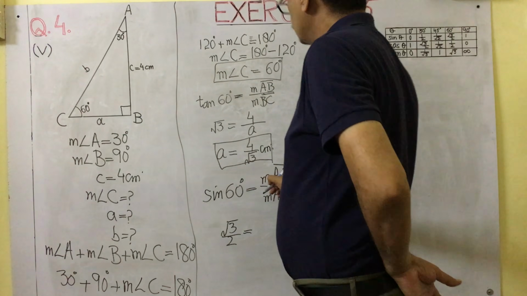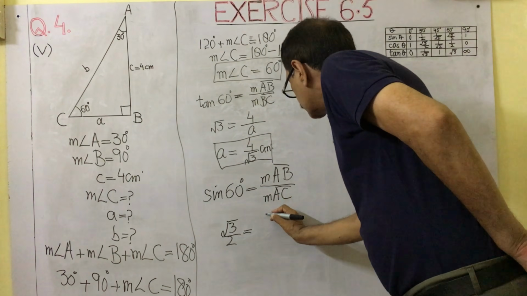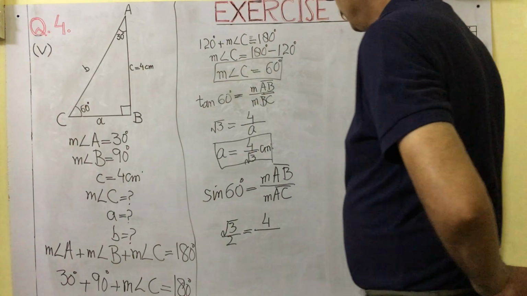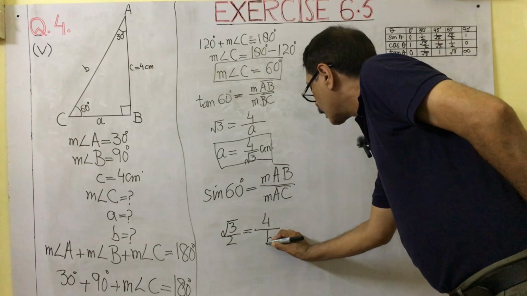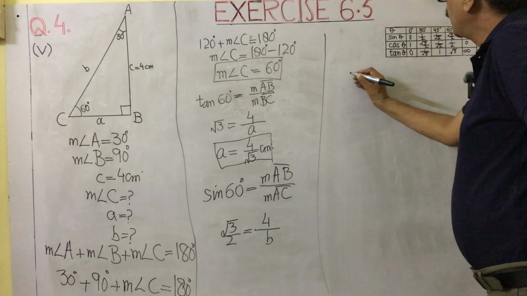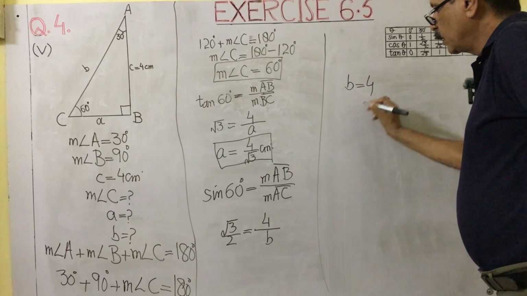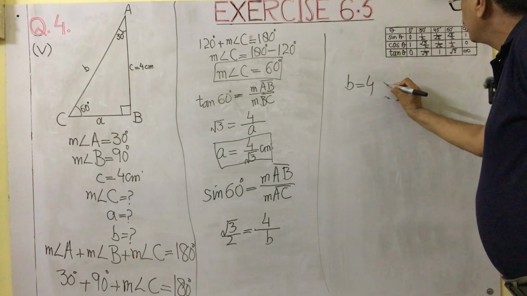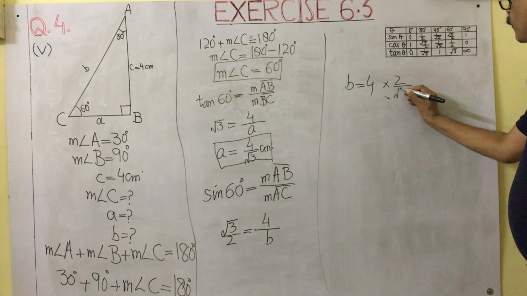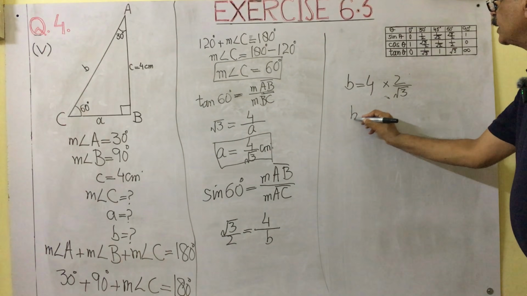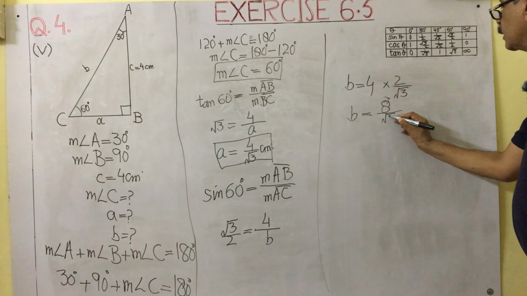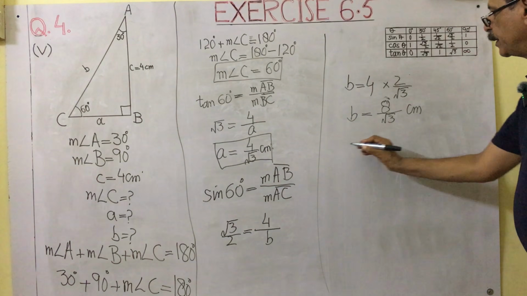AB is 4 and AC is B. B is equal to 4 into 2 over square root of 3. B is going to be 8 over square root of 3 centimeters.